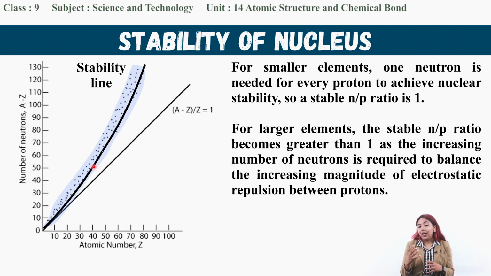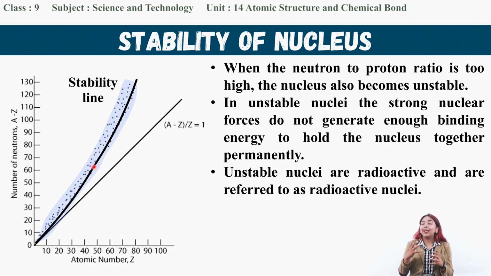And if they are far from the stability line, then those atoms are unstable. Those atoms which are unstable are usually atoms that have higher atomic number, and the ratio of the number of neutrons to protons is much more than 1. So the nucleus becomes unstable.